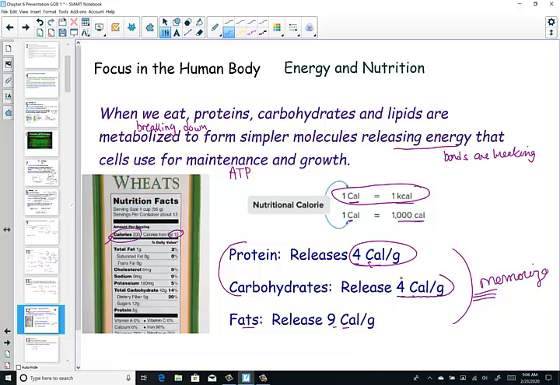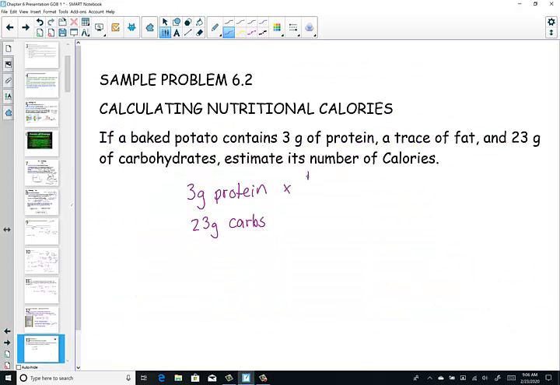Carbohydrates, same number, 4 calories for every gram that you eat. So notice we have grams, so we're placing 4 calories, I'm writing a capital C, for every 1 gram. And it's the same for the carbohydrate: there are 4 capital C calories in every 1 gram of carbohydrates as well.